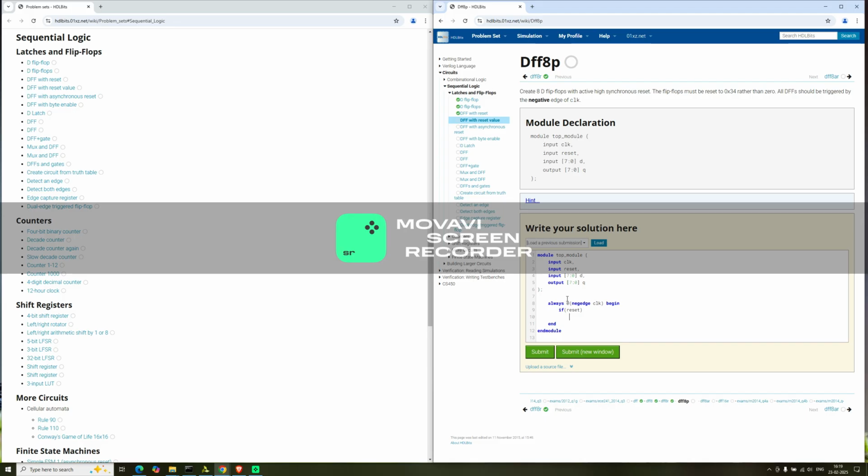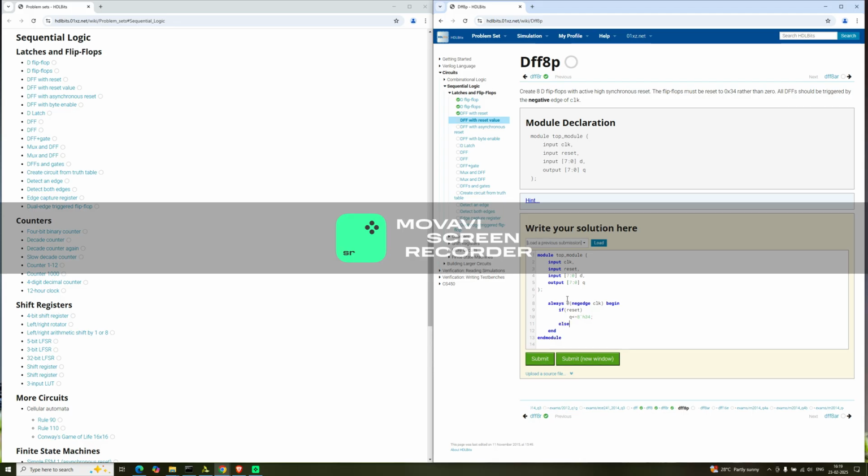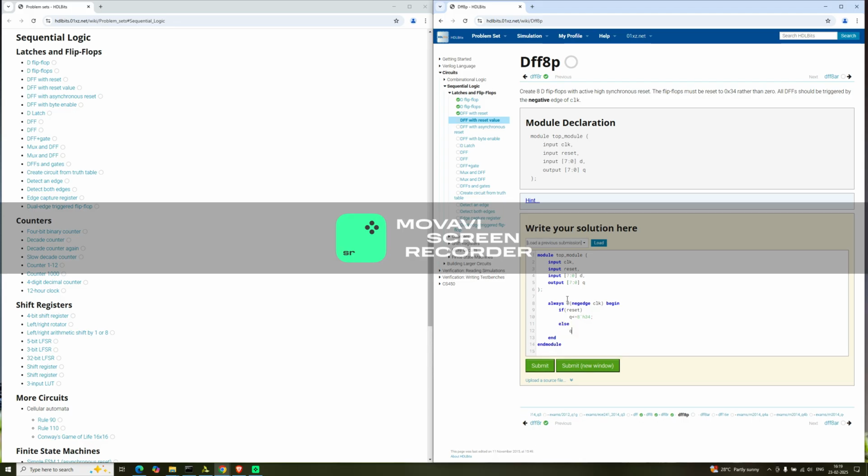So the mentioned reset value is 34. So it is an 8-bit value. So we'll have 8'h34 given after reset. Now the else condition is the same as the previous. Whatever the value of input D will be forwarded to Q. Okay, let's try.